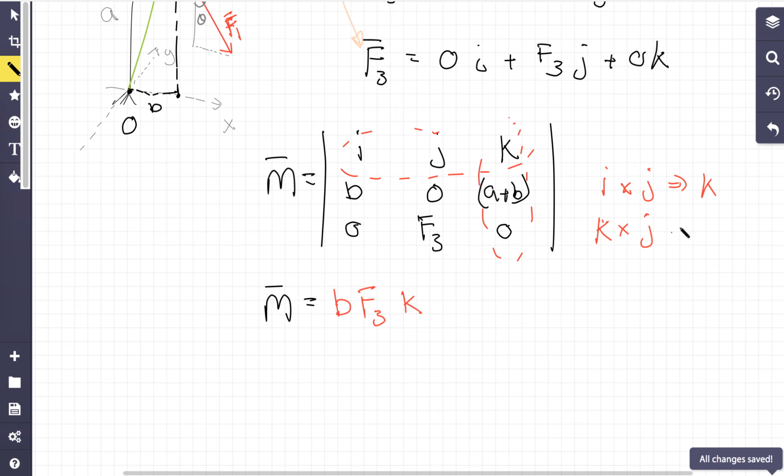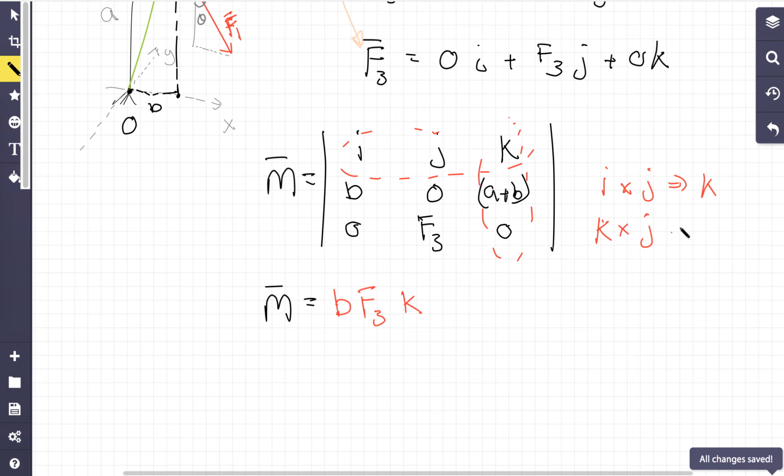First and foremost, I'm going to make this green for this one. I'm going to connect this O with this point up here, where this force F3 is applied to this structure, and let's give this a B. So that's the r_OB vector.